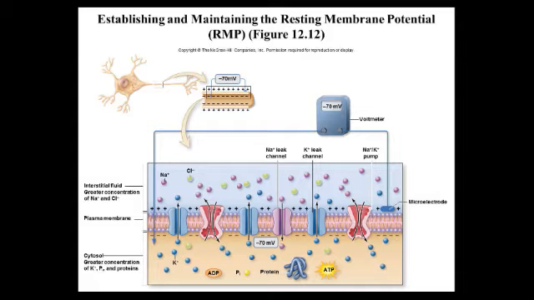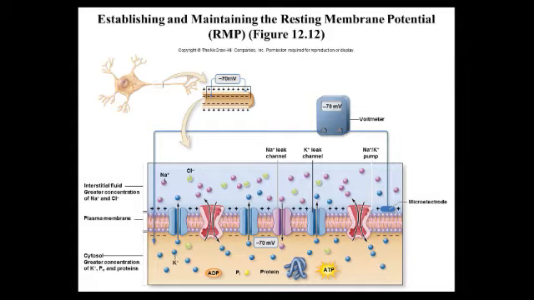When we open up sodium channels, sodium comes in, the cell becomes less negative. We call that a depolarization, because it's polarized at -70 and becomes less negative, closer to 0. What if we open up the potassium channel?